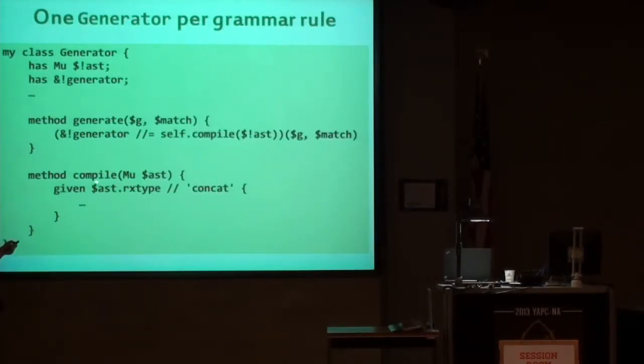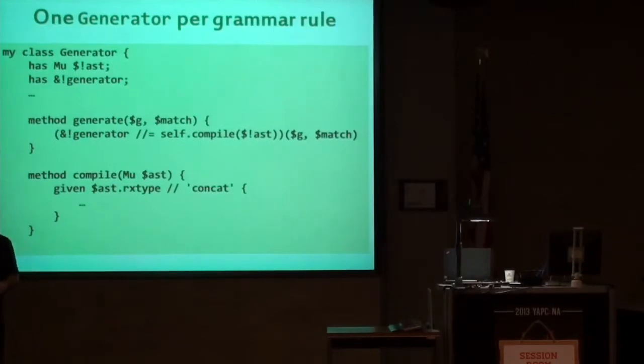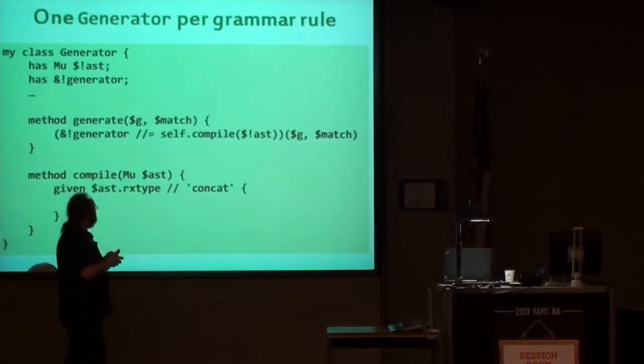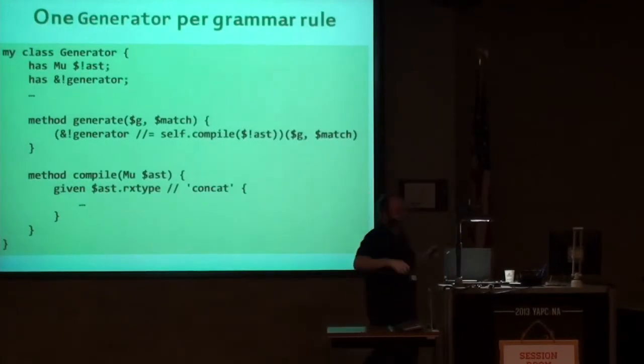All compile does is it's this big switch statement on the type of regex node that we're currently compiling. So it might be a quantifier, it might be just concatenating several pieces of regex together, it might be a literal. And we'll make a little closure for each of these, which we're going to be able to invoke at the end, and we're going to put all of these together.